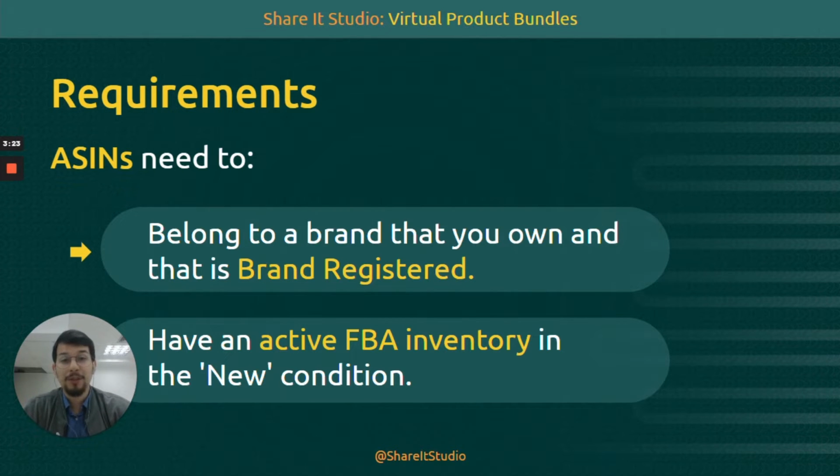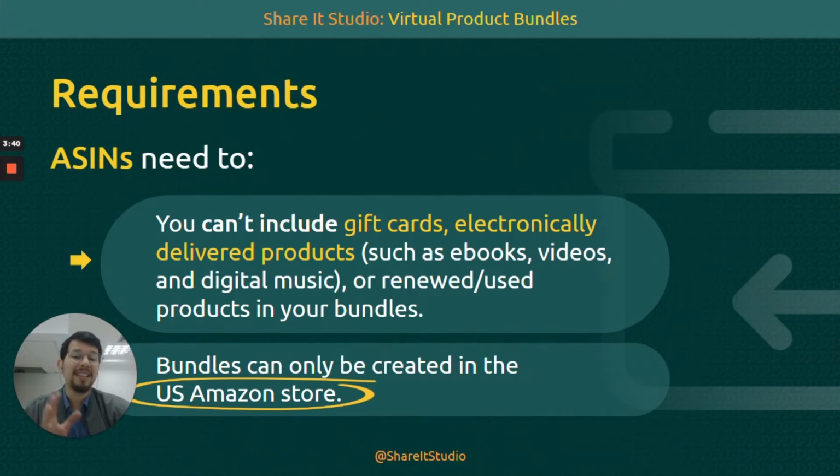You'd be missing out on a lot of sales just by having this renewed or used product. Also, you can't include gift cards and electronically delivered products such as ebooks, videos, or digital music, or renewed or used products in your bundles. See, that's exactly what I was telling you.